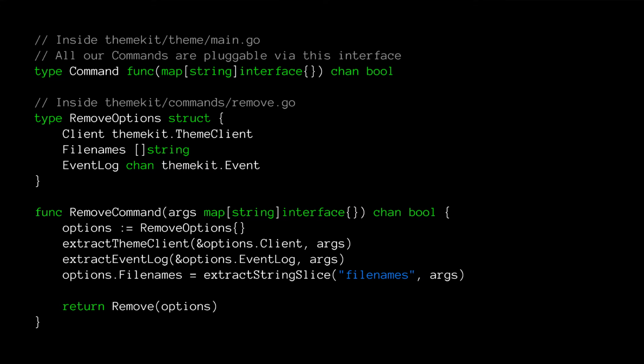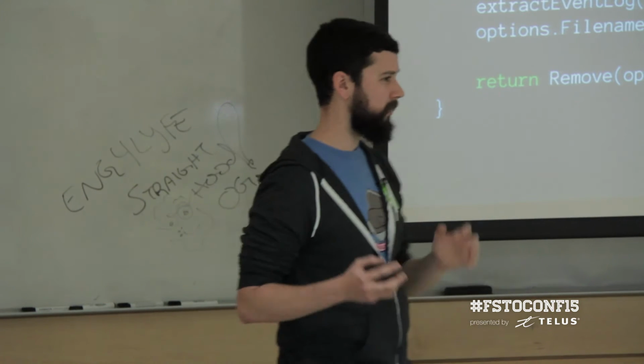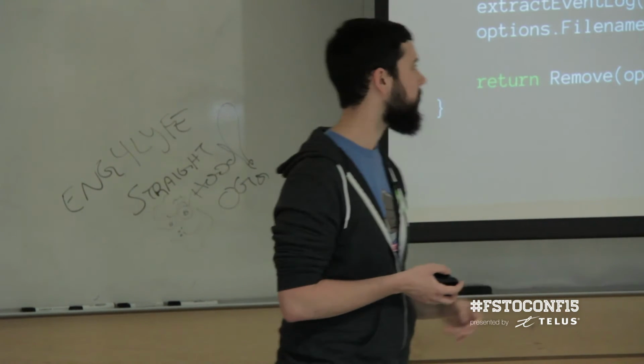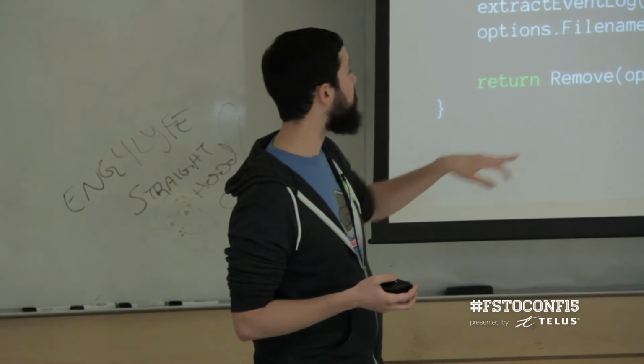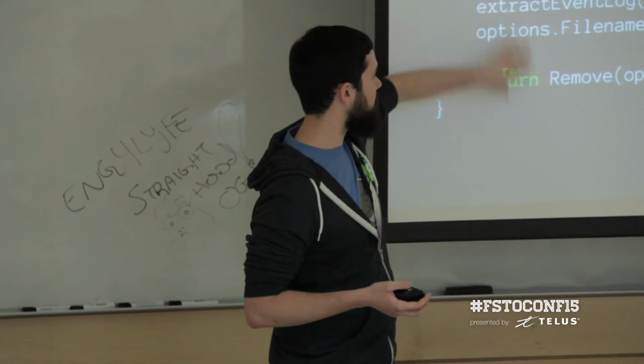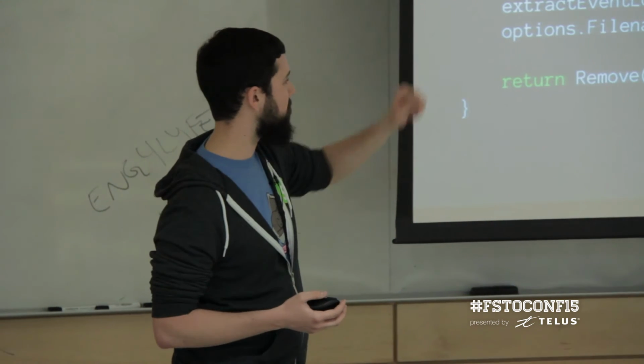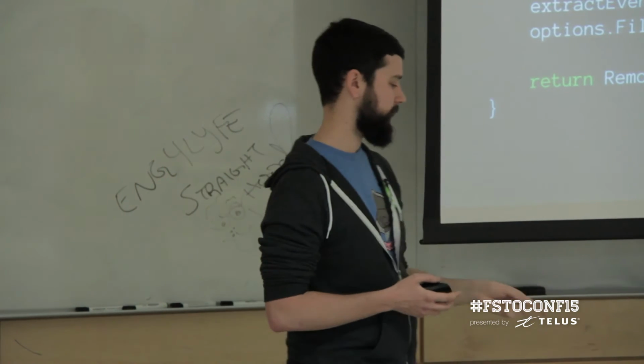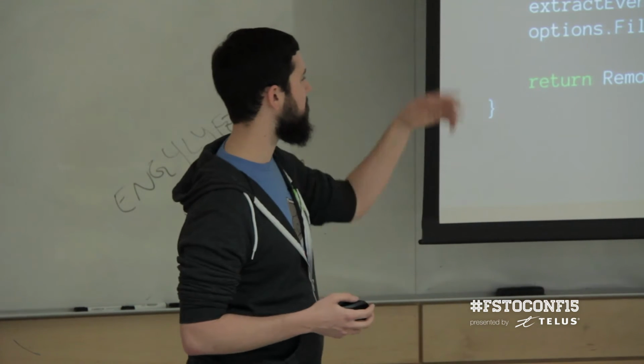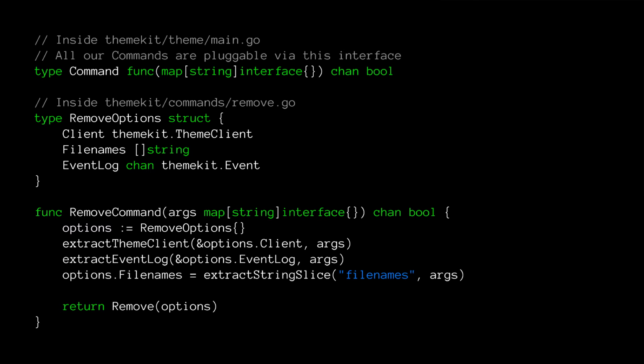So this remove command is the thing that my command line program is calling. It says remove command with all of these arguments that I parsed from the command line, and then it calls the remove function after coercing everything into the remove options. So I extract theme client from the arguments and set it to this pointer. Do the same thing for the event log, and then set the file names to the extraction of the string slice of that key from the arguments.